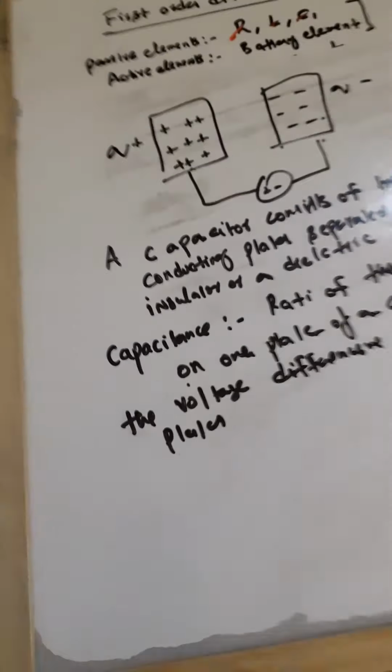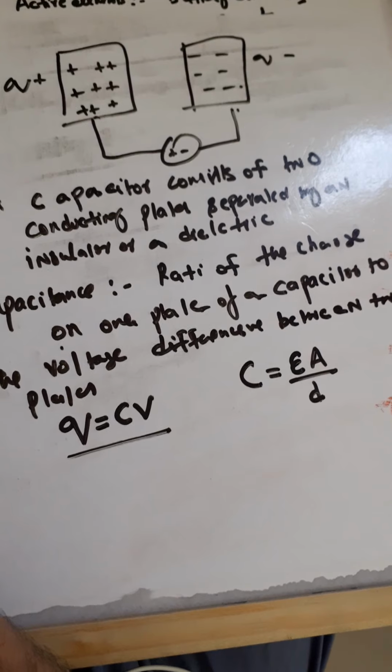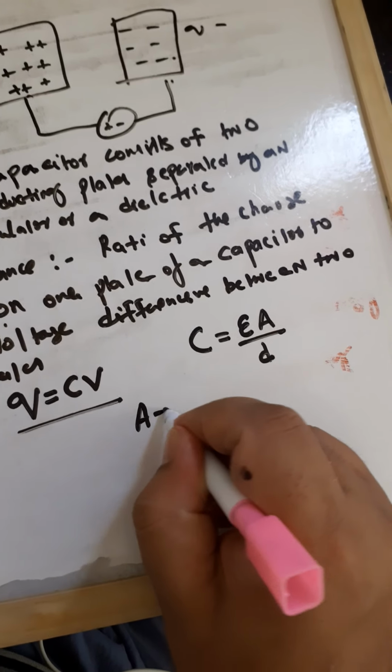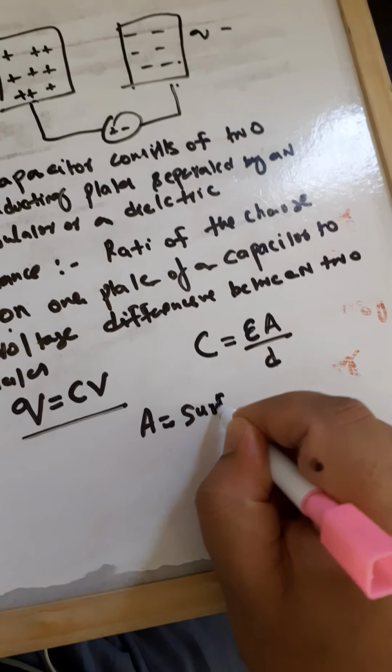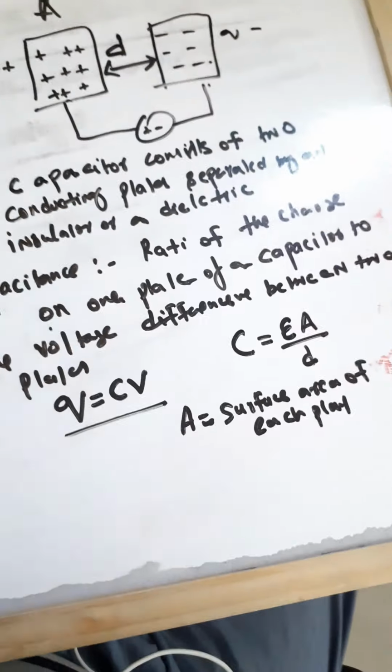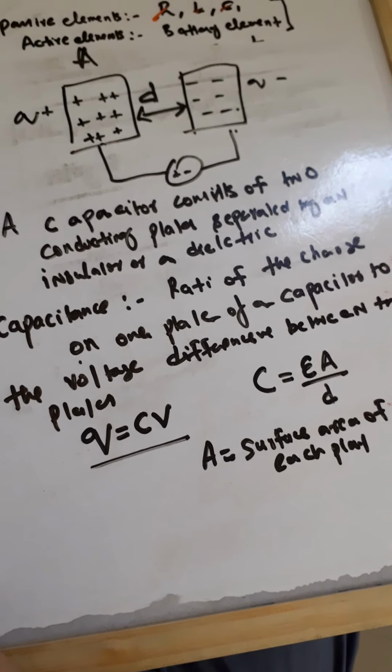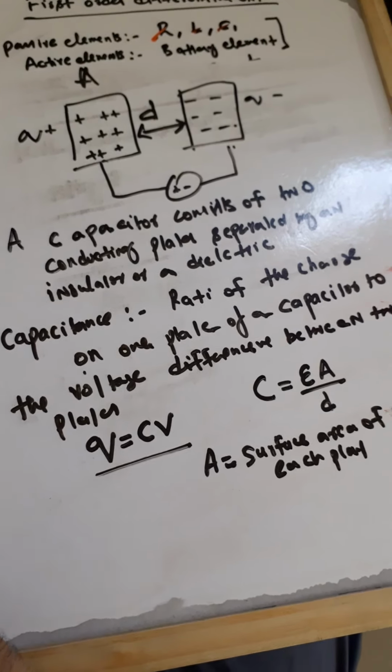Here C depends upon epsilon A by D. What is this? We can see that the capacitance depends upon the surface area of each plate. A is the surface area of each plate, and there is some distance between the plates, this is D. So the spacing between the plates is D. If we increase the area of the plates, capacitance will increase.